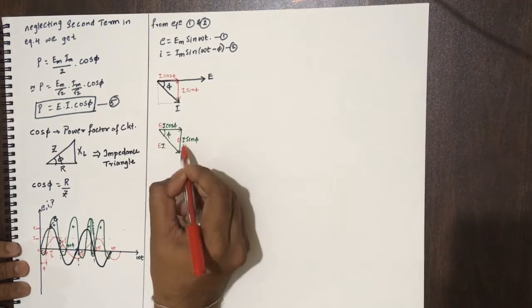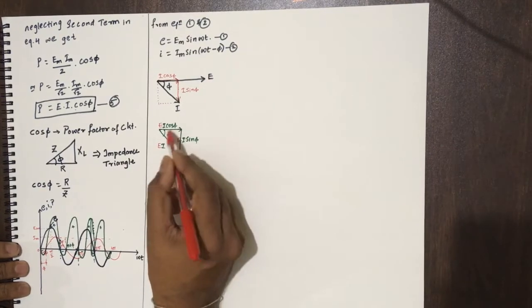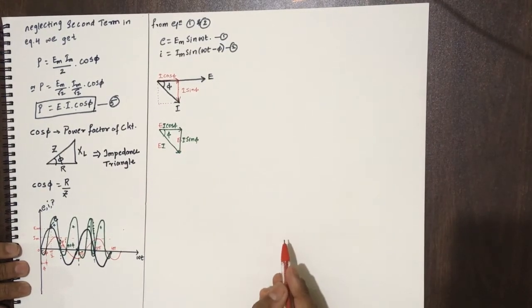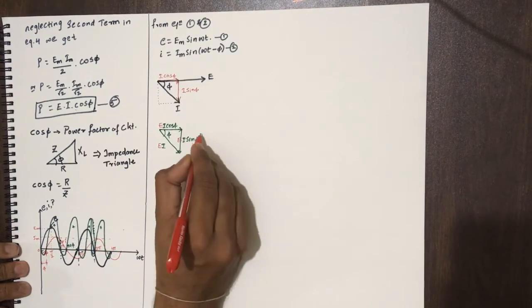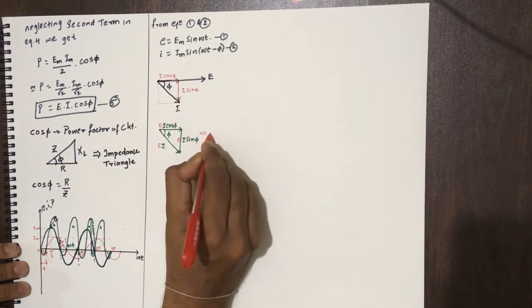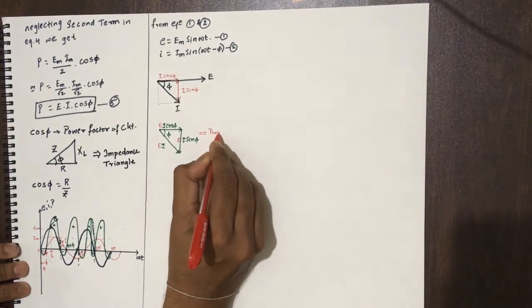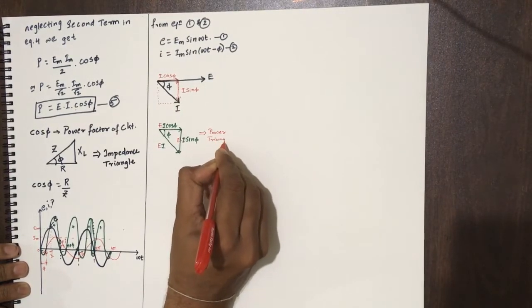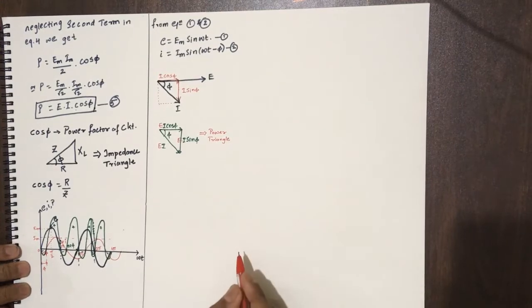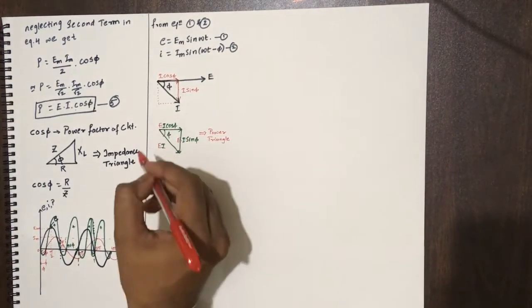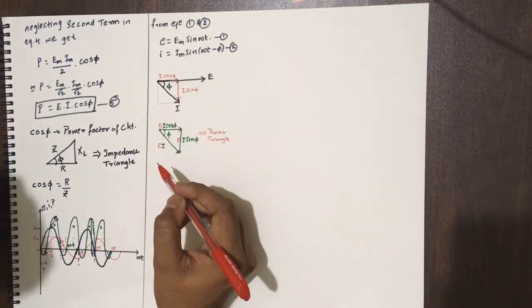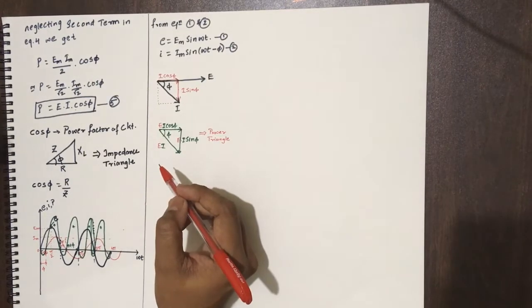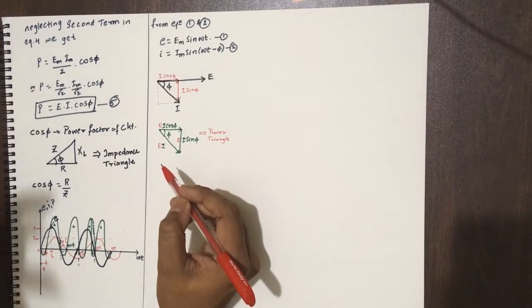The three vectors representing current have now become powers, and this triangle is known as the power triangle. This power triangle will give us, out of the total power given to the circuit, what amount of power is dissipated and what amount of power is stored.